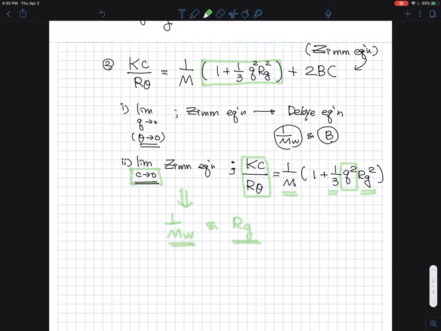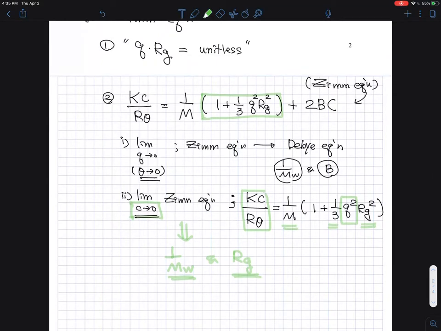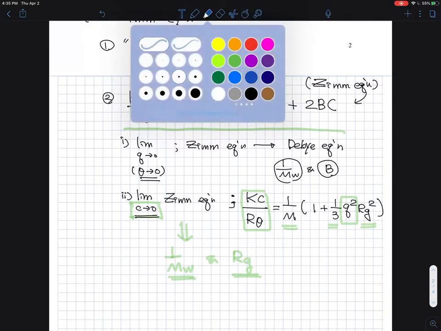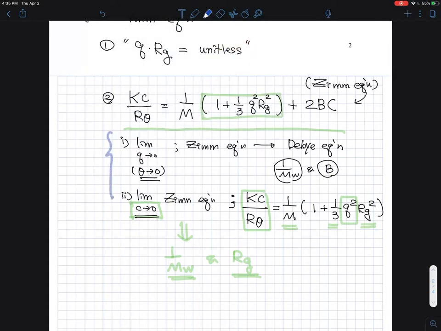So that's where the power of the Zimm equation lies. It is a much more general term, but it's also a quite long, loaded equation, and sometimes people don't have an easy way to figure it out. Most of my polymer chemist friends just know that light scattering of polymers is a kind of magic bullet that can calculate the weight average molecular weight, solvent quality, second virial constant, and even the size of the radius of gyration.